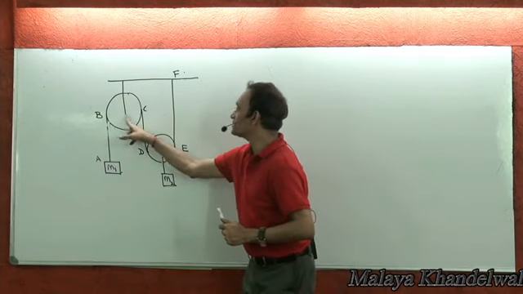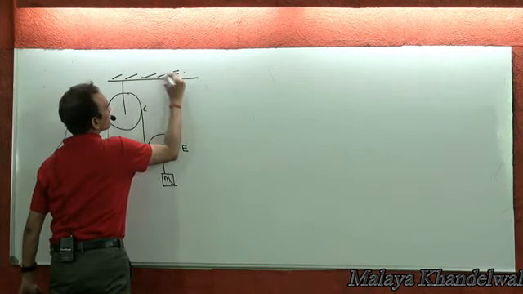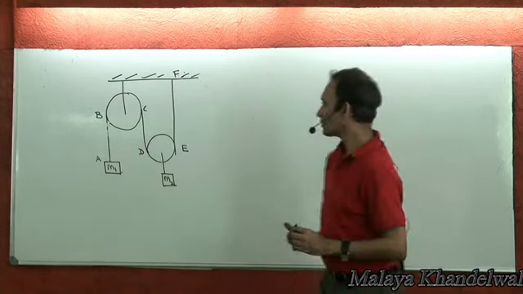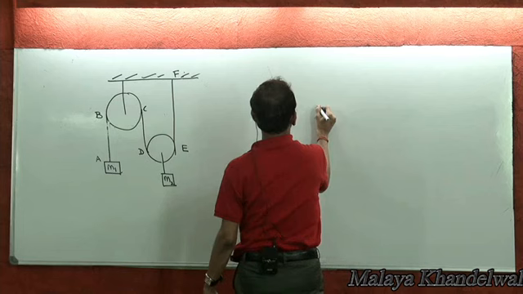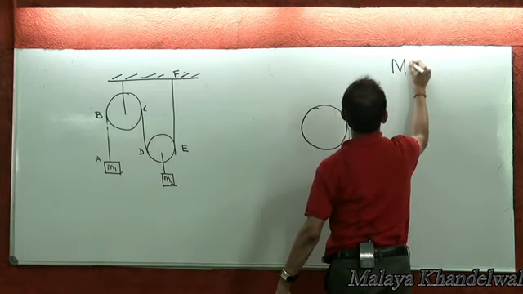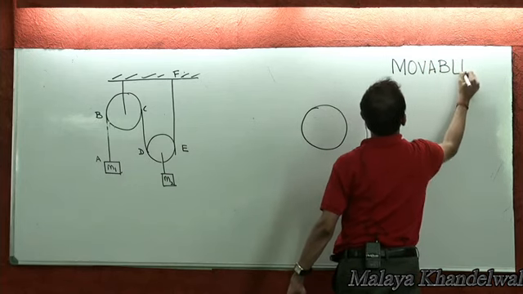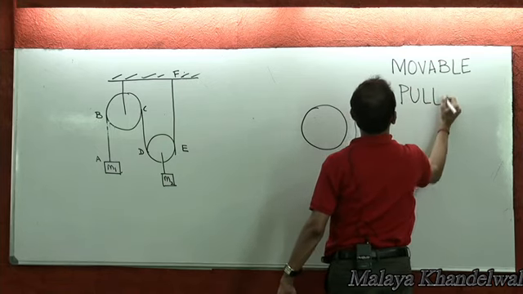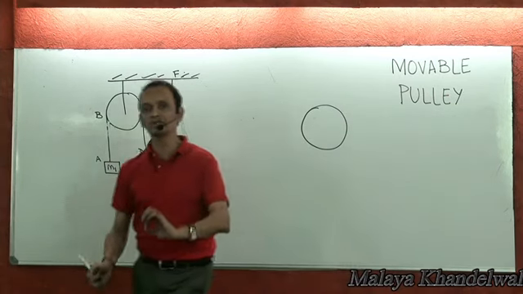This is the fixed pulley, this is the movable pulley. This is the fixed ceiling. Look at the movable pulley. Just look at the movable pulley separately.